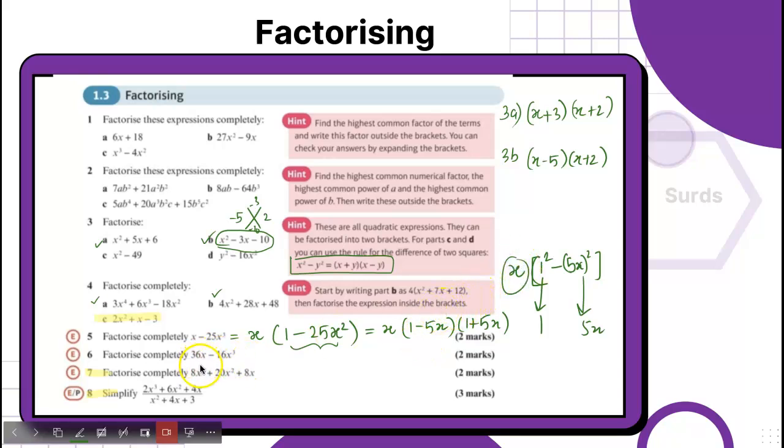Okay, now same accordingly, it's 36x minus 16x cubed. Okay, I think we can take 4 and x out. 4 times 9 is 36 minus 4 times 4x squared. Okay, can you show me the answer?